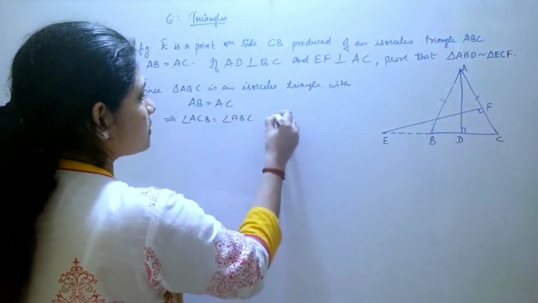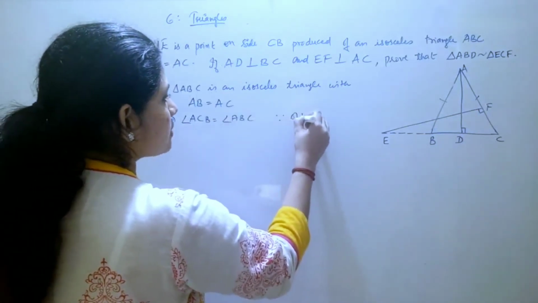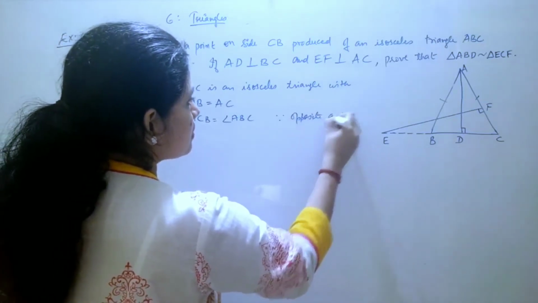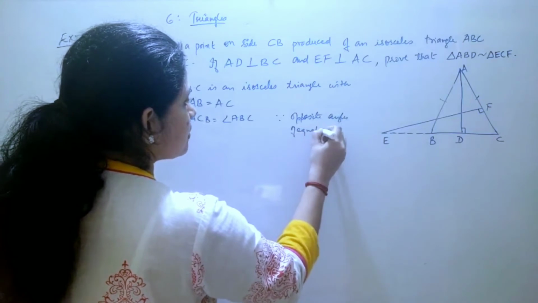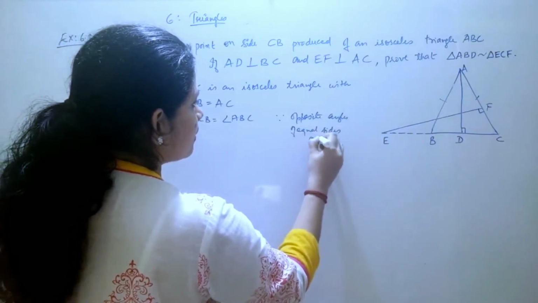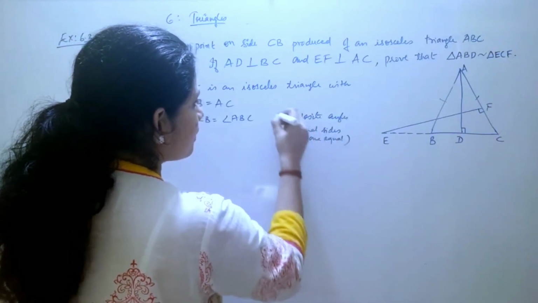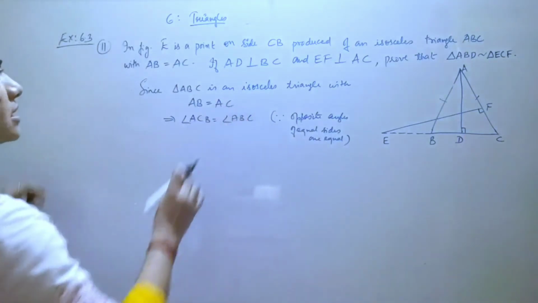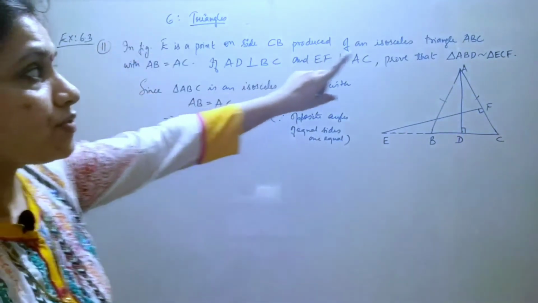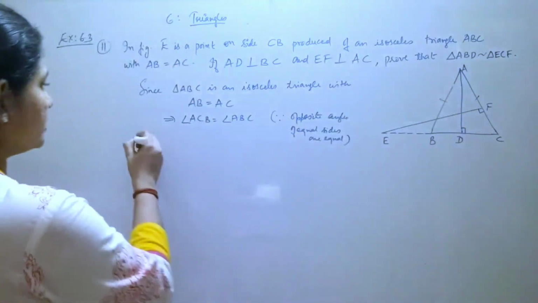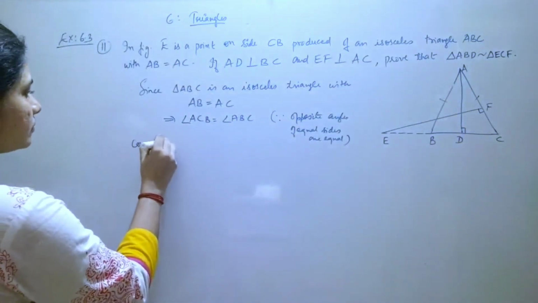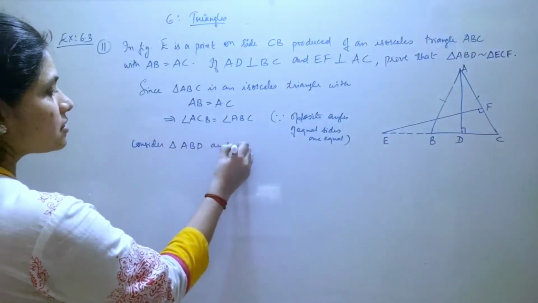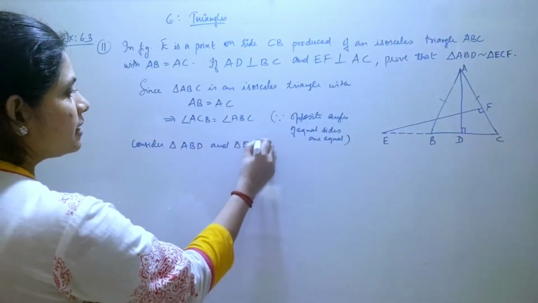Since opposite angles of equal sides are equal in an isosceles triangle, now we are just considering the triangles which we need. Consider the two triangles ABD and triangle ECF.